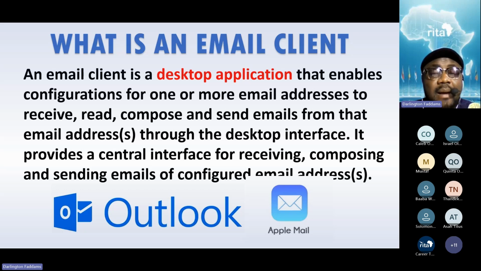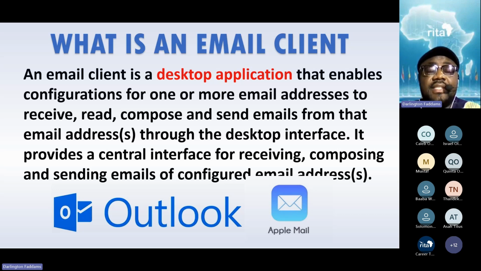Apple Mail is another one. And there are several others that you can find on your mobile apps that allow you to connect to any email server. Outlook is so good that it can connect to any email server in the world, if only you know how to do it.